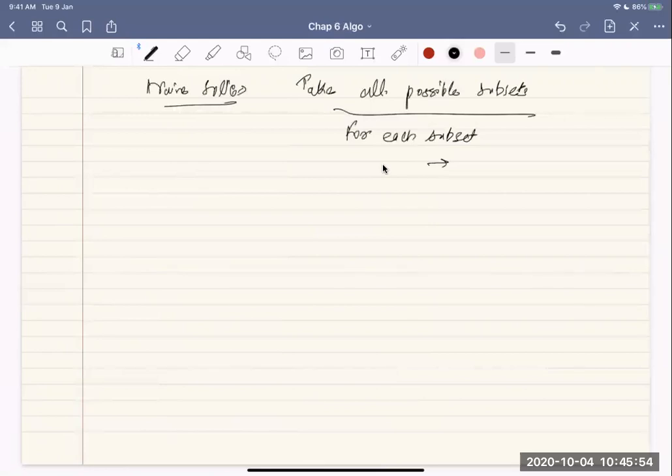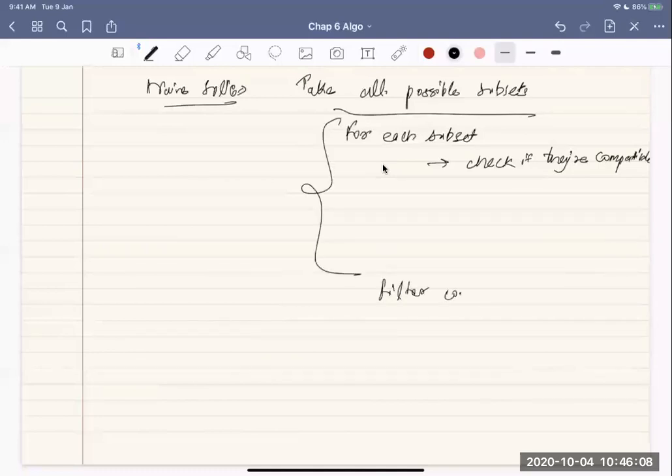You check if they're compatible. So all the subsets that are compatible, you filter those compatible ones, and select the max size. Okay, so that is your naive algorithm.